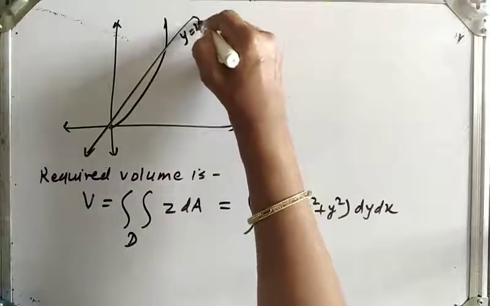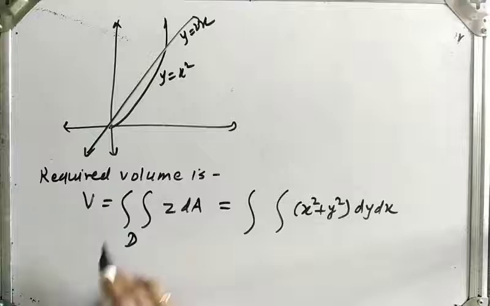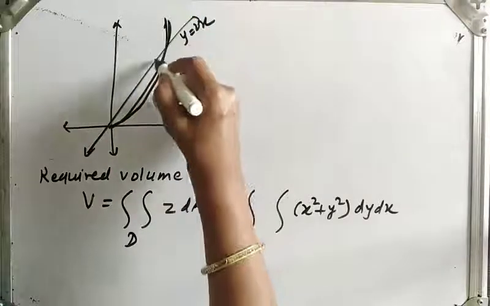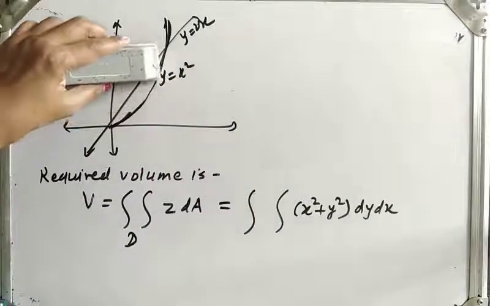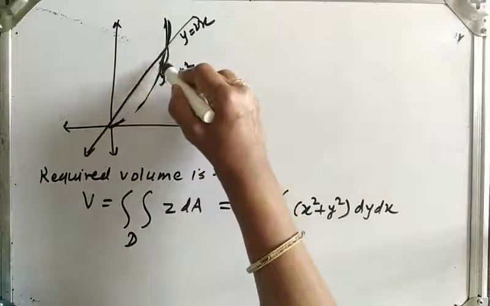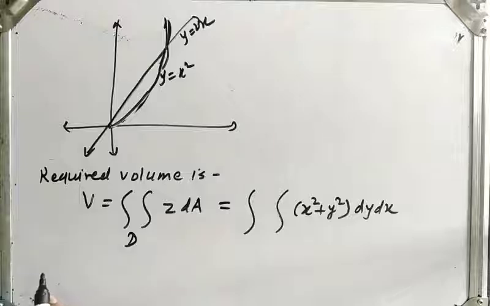This is our required region. In this boundary is our required region over which we have to find out the volume.